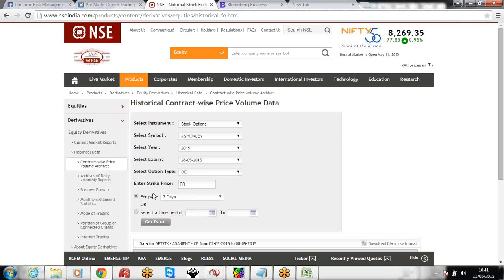$68 is a strike for Ashok Leyland call option.